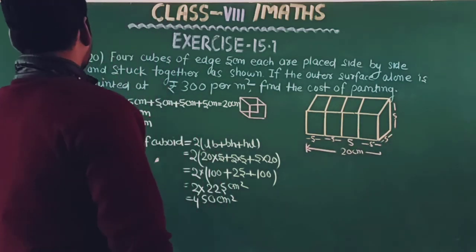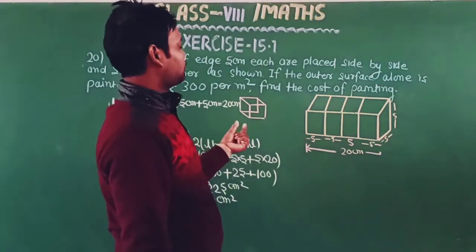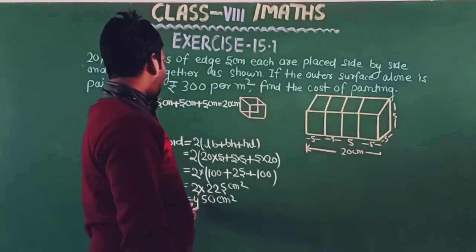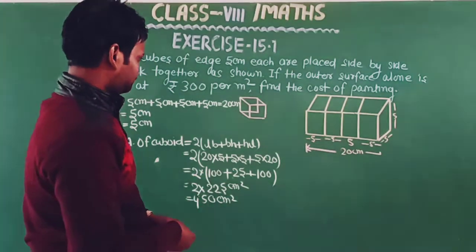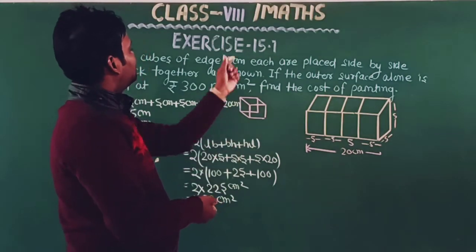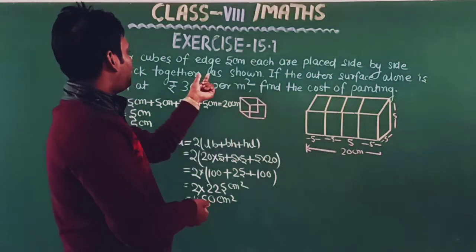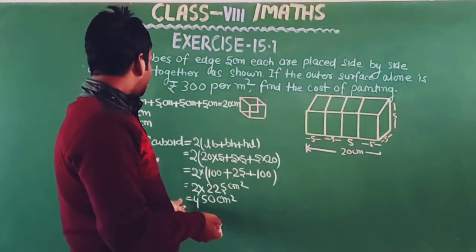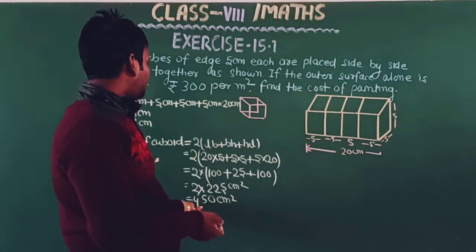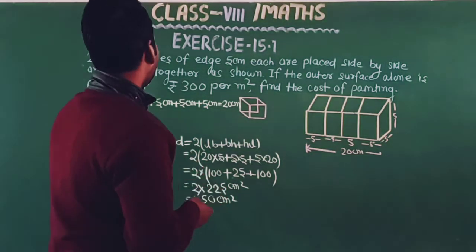So the total surface area of the cuboid is 450 centimeter square after joining 4 cubes of side 5 centimeter end to end. So this is the total surface area of the solid.